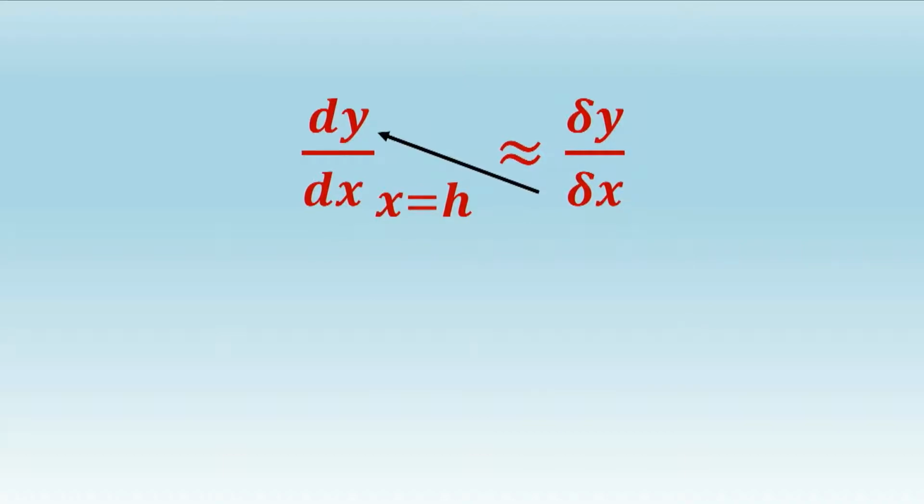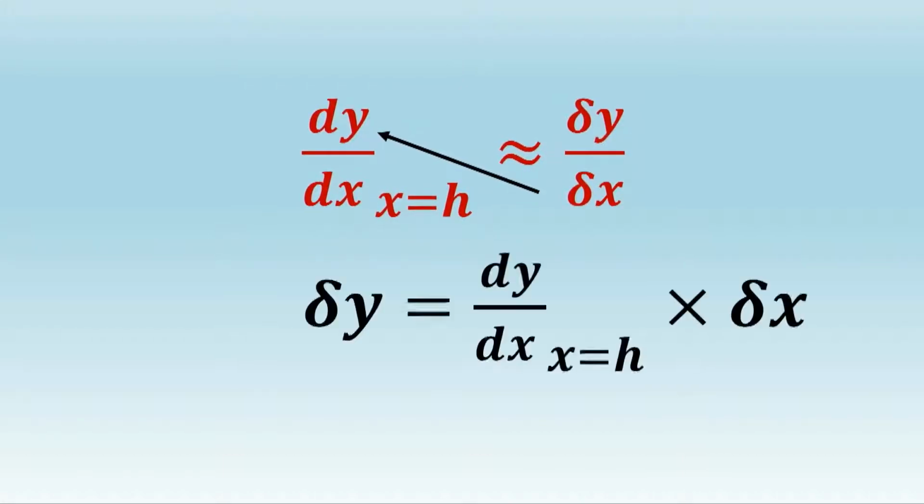Cross-multiplying and making Δy the subject of the formula, we get Δy = dy/dx at x = h multiplied by Δx.